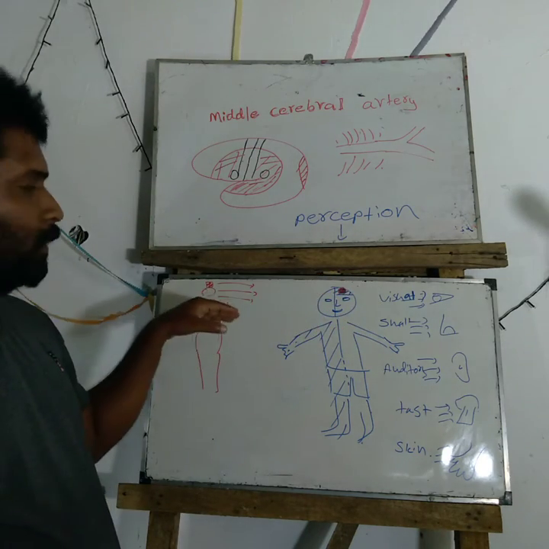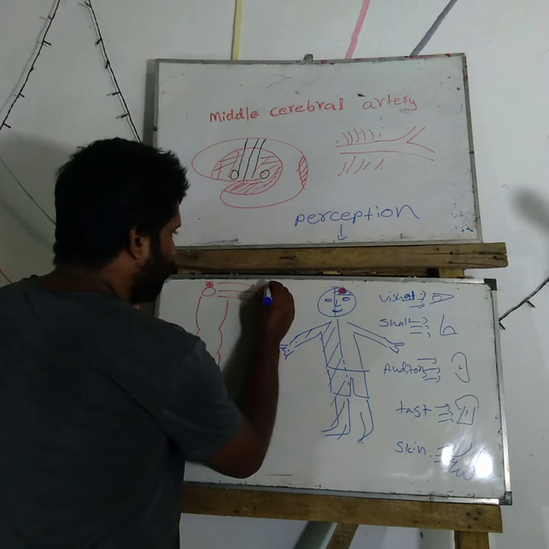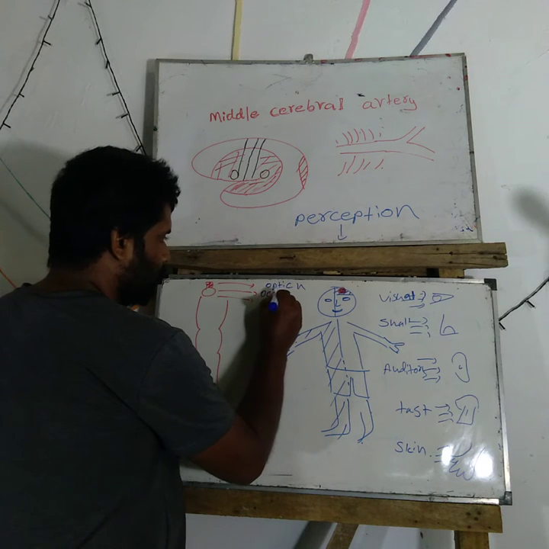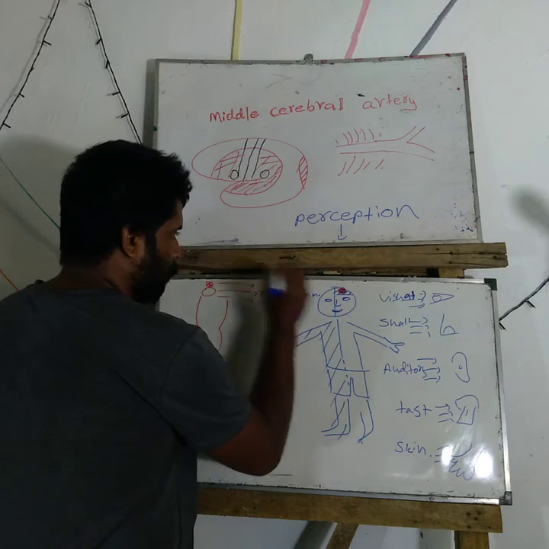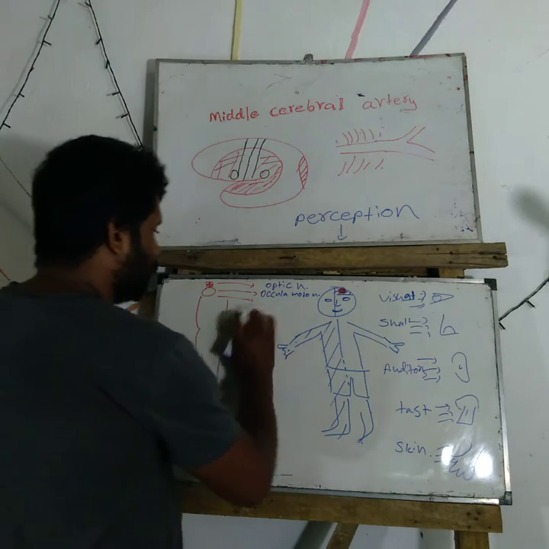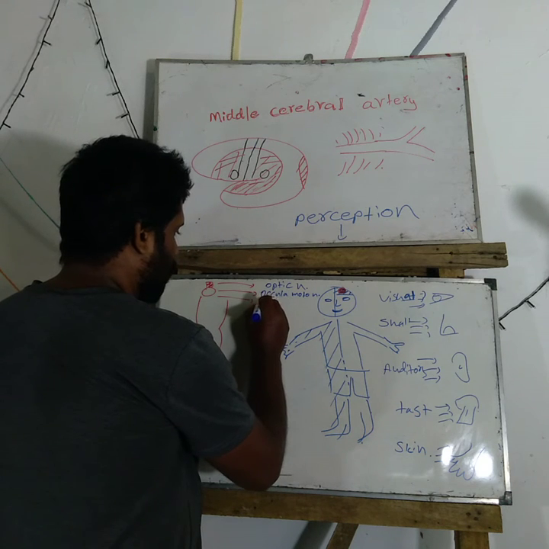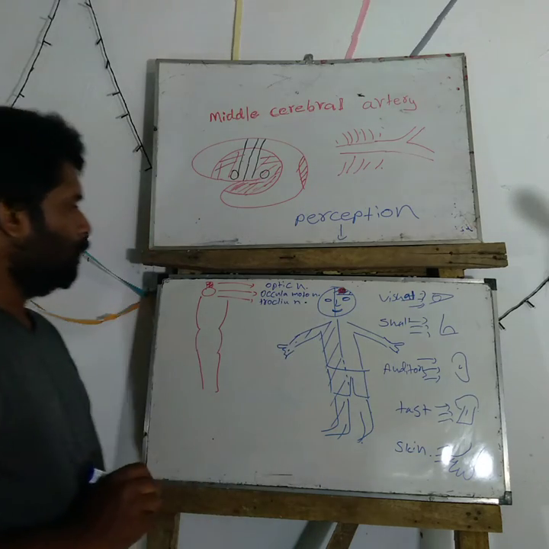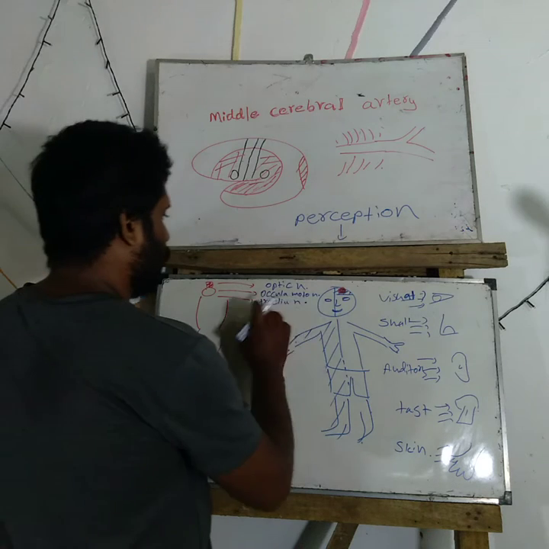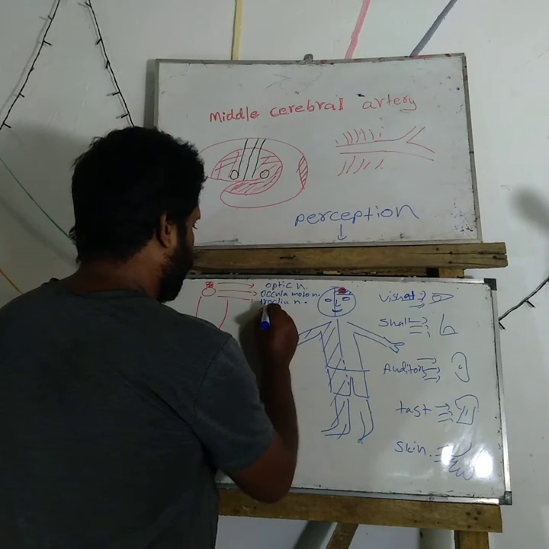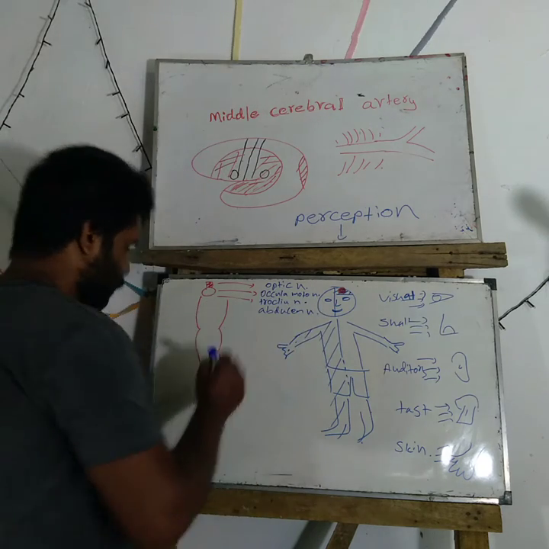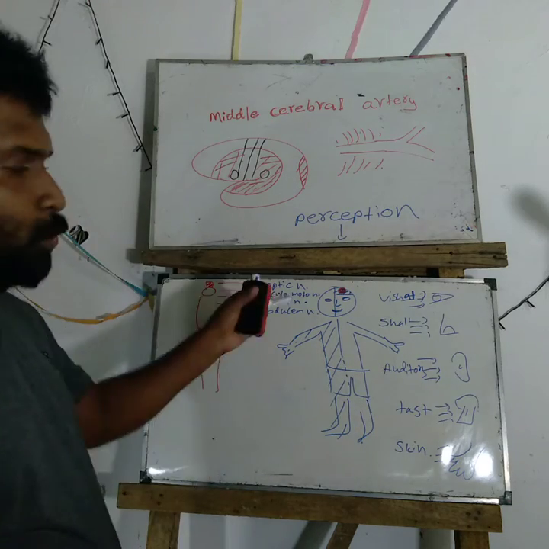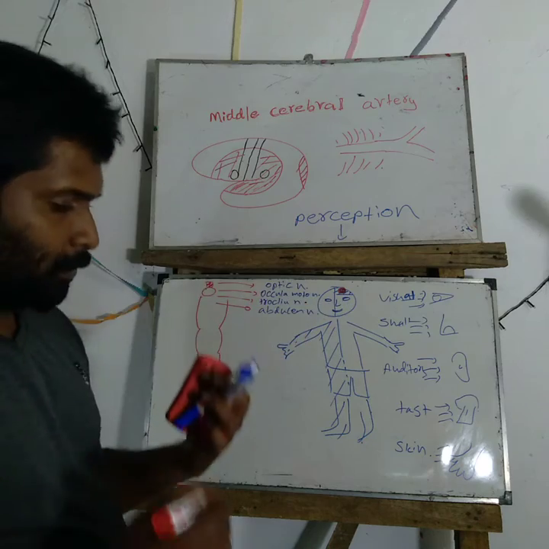A lot of cranial nerves connect to the eye: optic nerve, oculomotor nerve, trochlear nerve, abducens nerve.